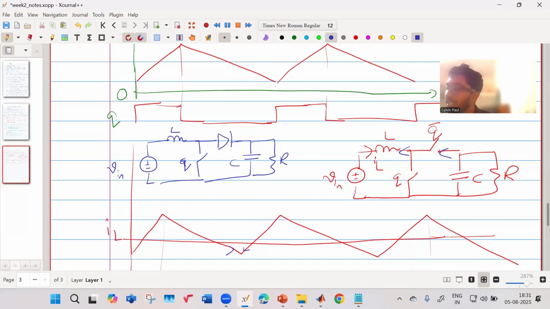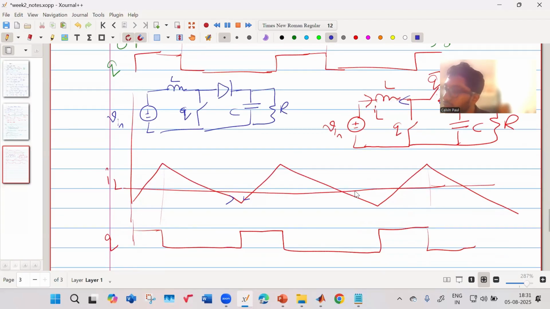Your current cannot go negative. So what would happen in that case is your current would start, it might go to this value, it might fall like this, and then it will remain zero. It will remain zero. Then it will again rise, it will again fall, and it will again remain zero.